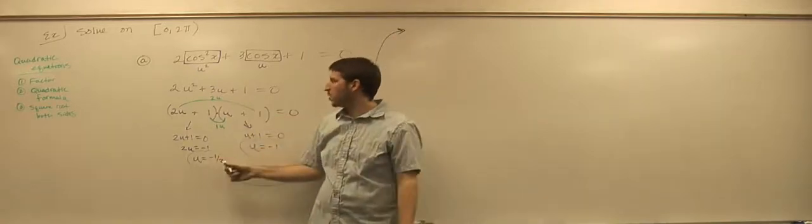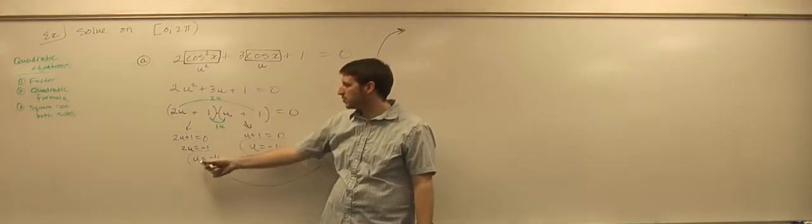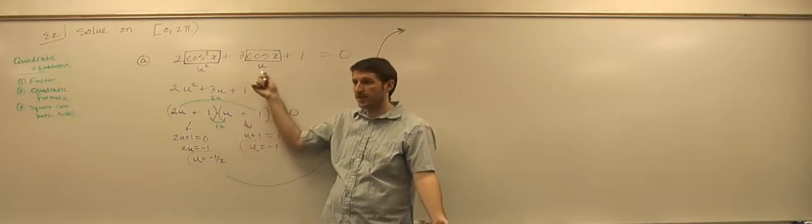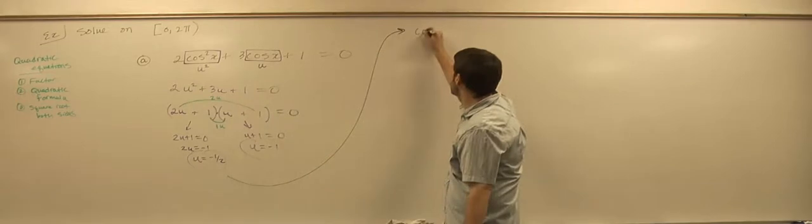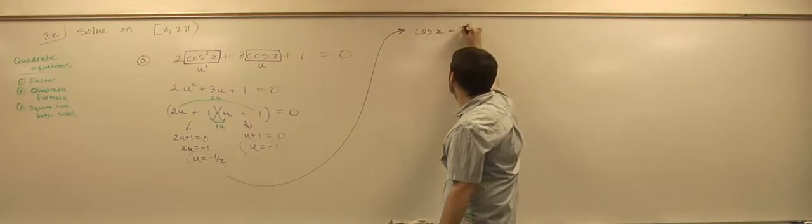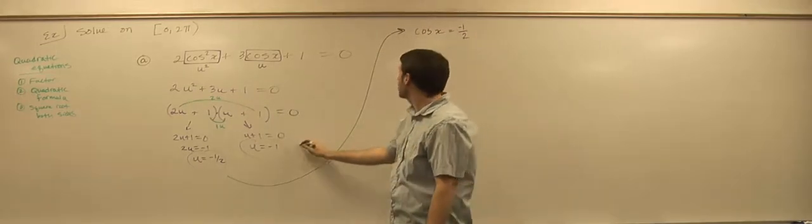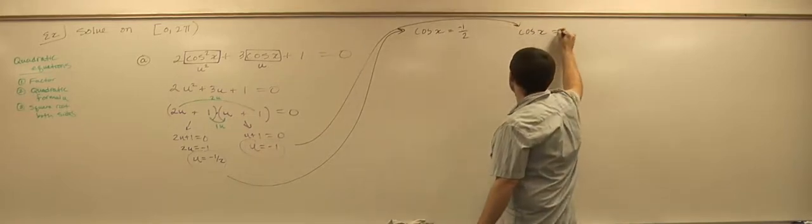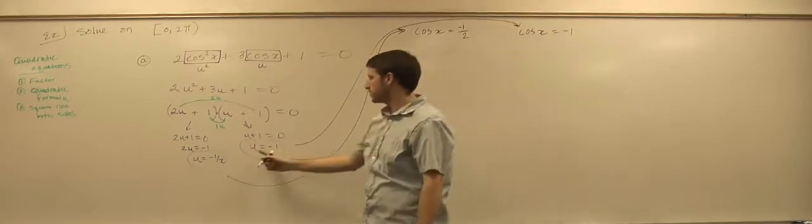U equals -1/2 is the same as, what should I replace u with? Cos x. U is cos x. So I have to solve cos x equals -1/2, or cos x equals -1. So these are cos x's.